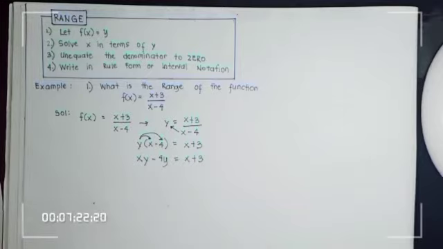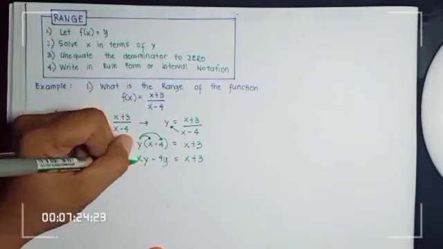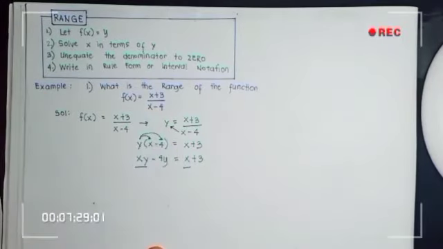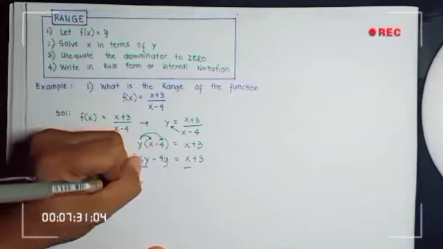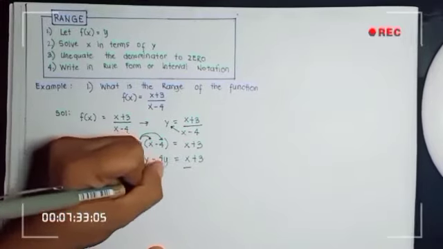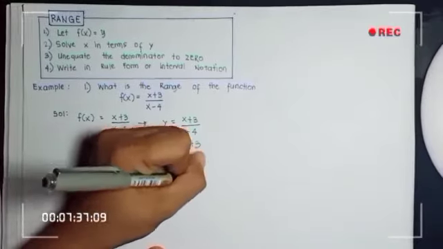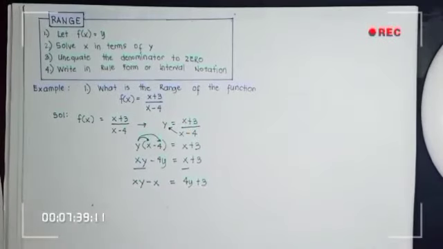Next thing that we do is to group the terms having the variable x. Therefore, we have xy, transposing positive x, that becomes negative x, and then negative 4y will be transposed at the right side of the equation.